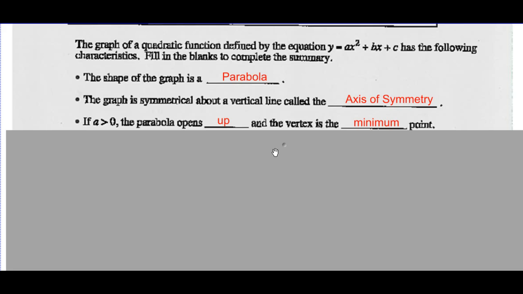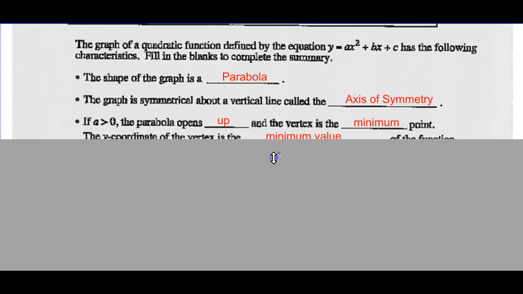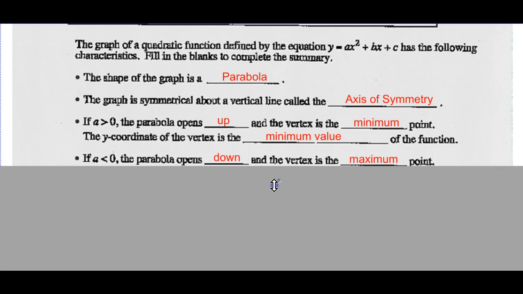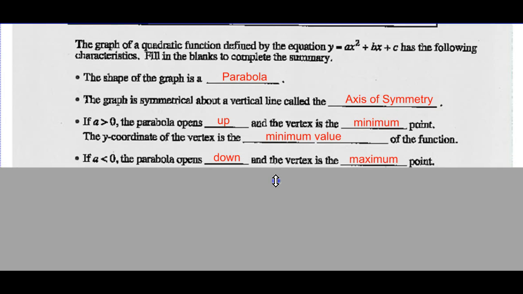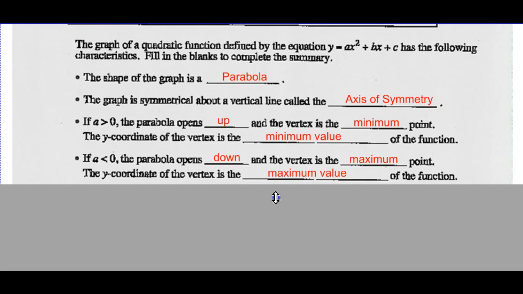The y-coordinate of the vertex is always the minimum value of the graph of the function. If a is less than 0, the parabola should open down, and the vertex is the maximum point. The y-coordinate of the vertex would then be the maximum value of the function.